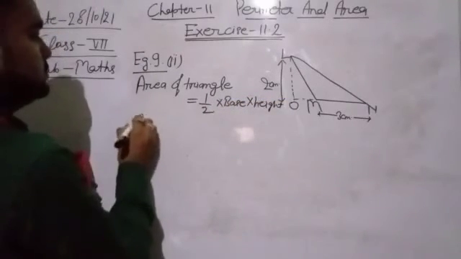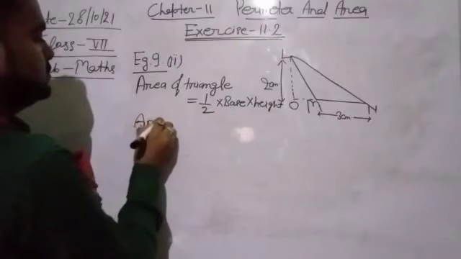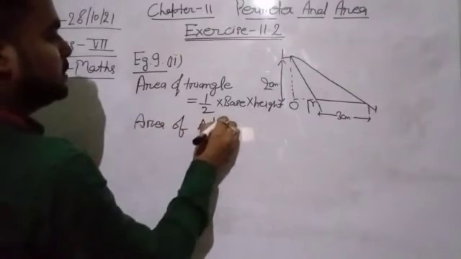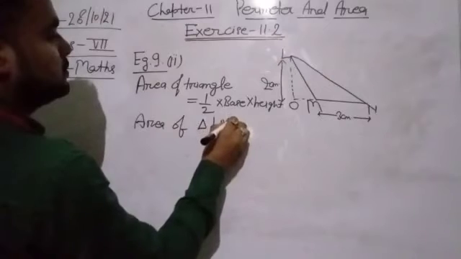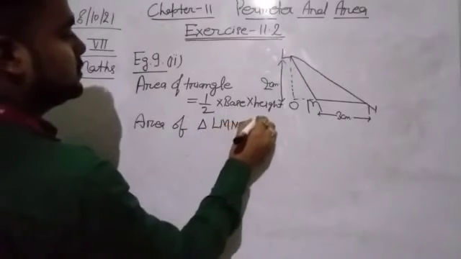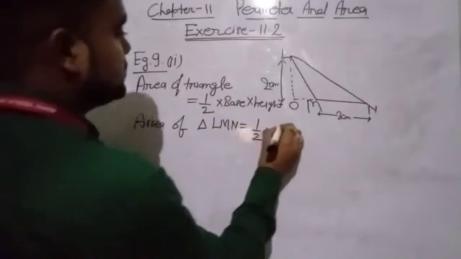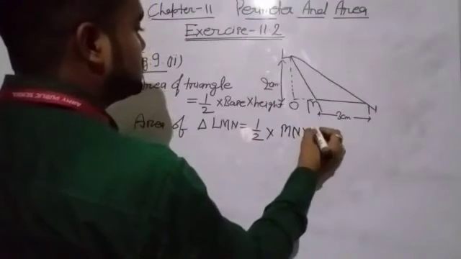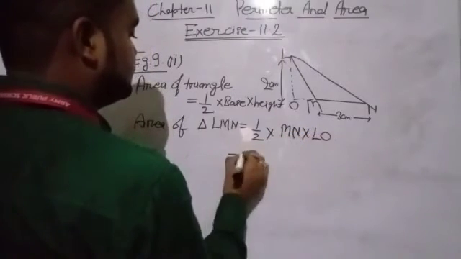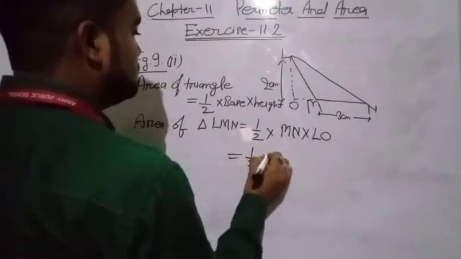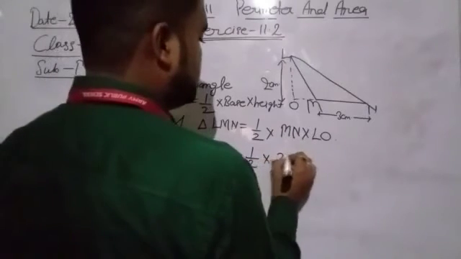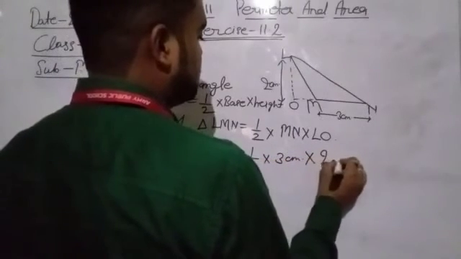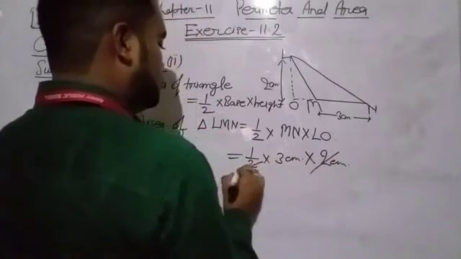So area of triangle LMN is 1 by 2, base is MN and height is LO. So 1 by 2 into MN is 3 centimeter and LO is of 2 centimeter. So 2 is cancelled by this.